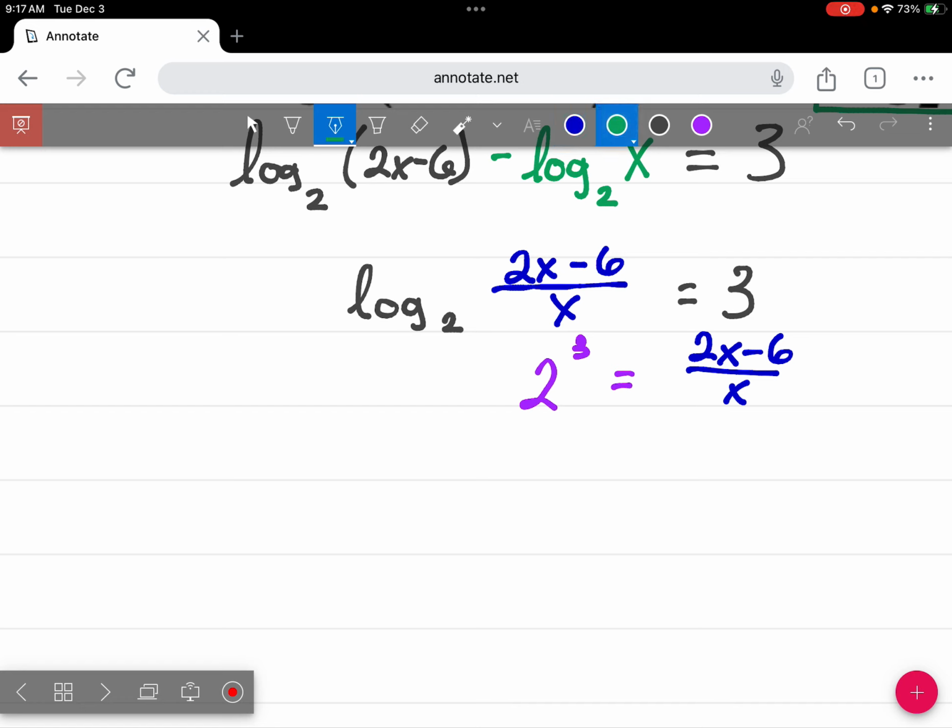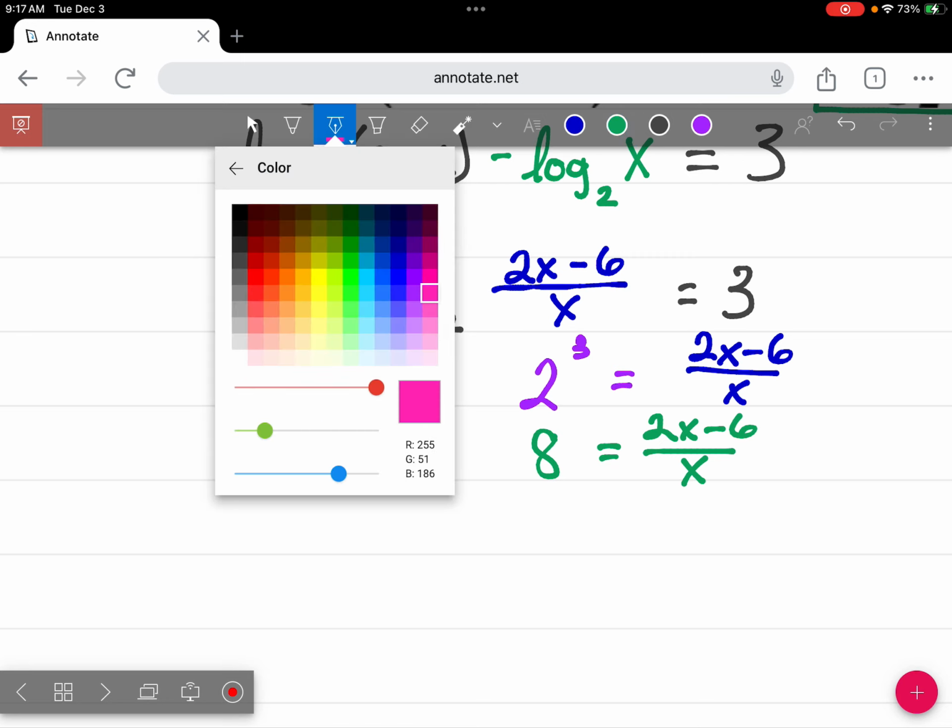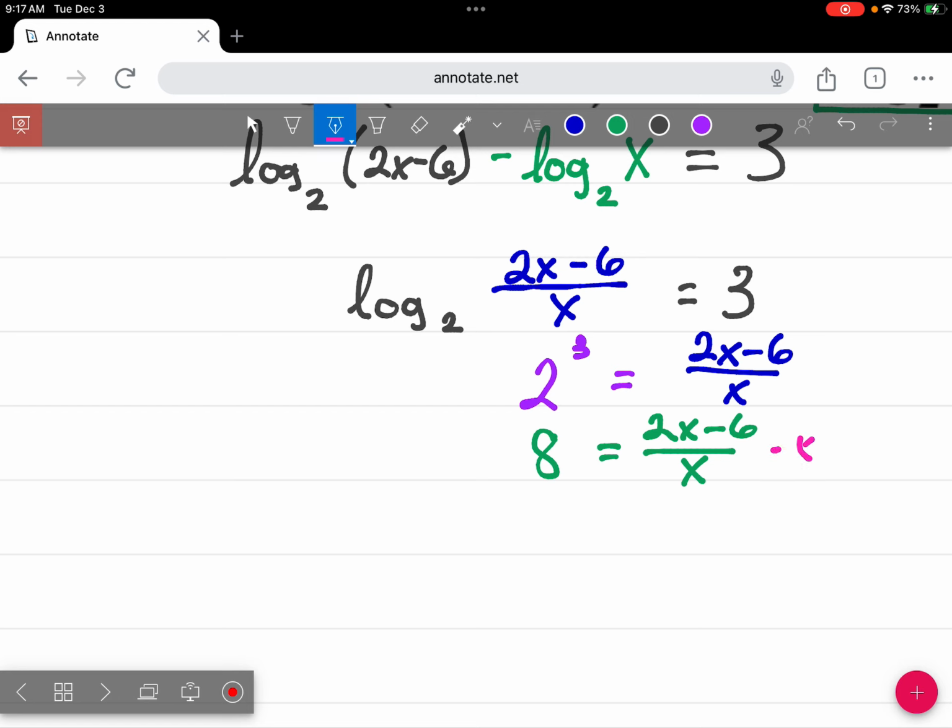So I have that 8 equals 2x minus 6 over x. What can we do here? Multiply by x on both sides. I want that x out of the denominator. So we're going to have 8x equals 2x minus 6.